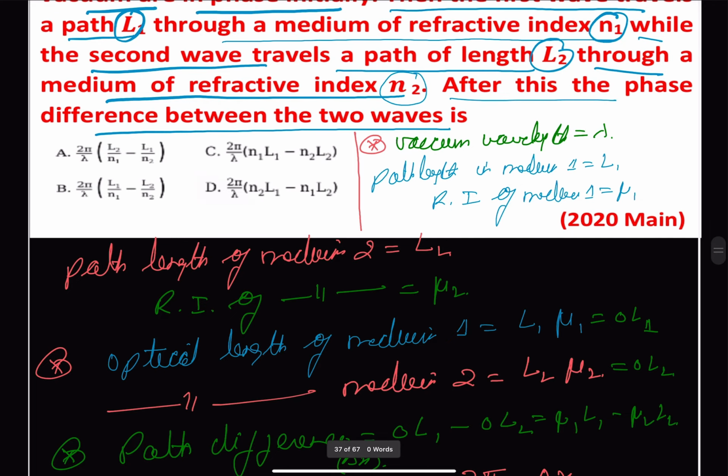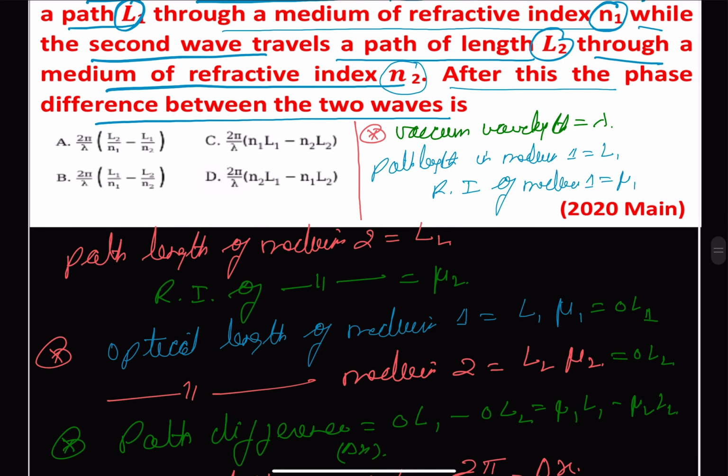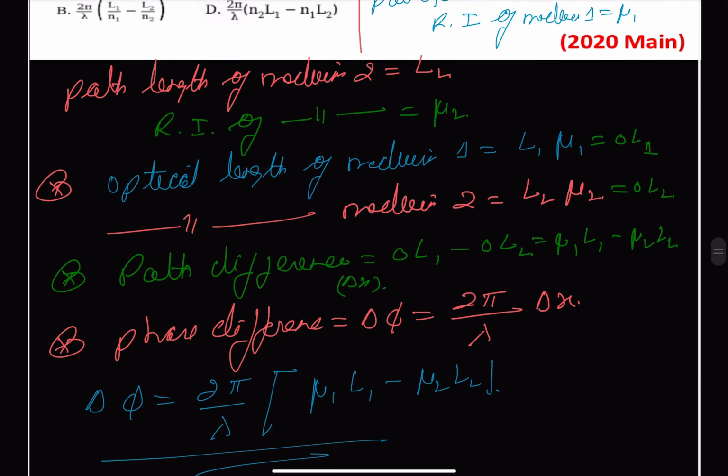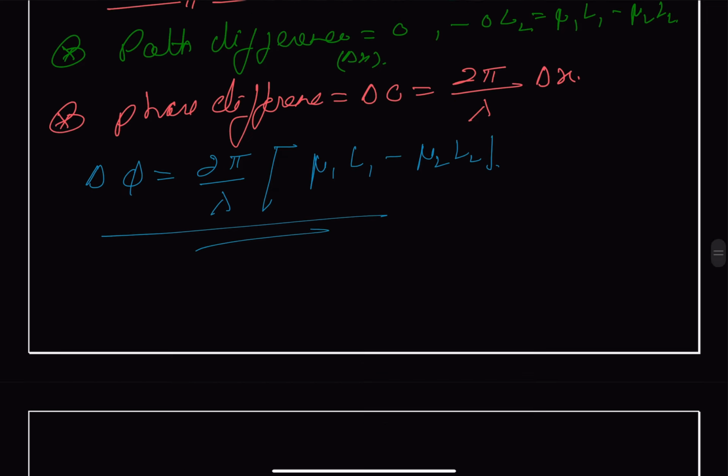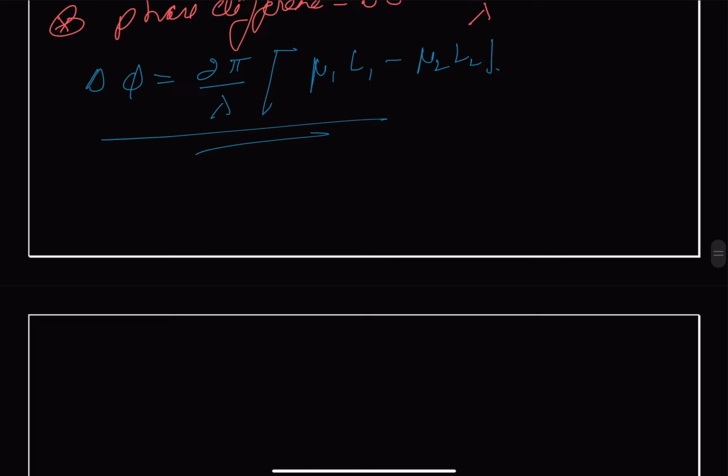The refractive index is given as n1, not mu, my mistake. So let me write this answer in the correct format, that is phi is equal to 2 pi upon lambda, and this comes as n1 L1 minus n2 L2.